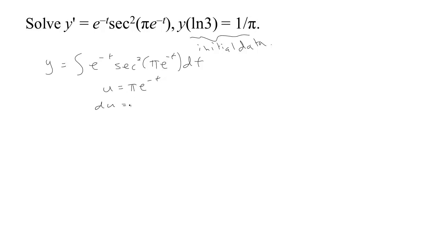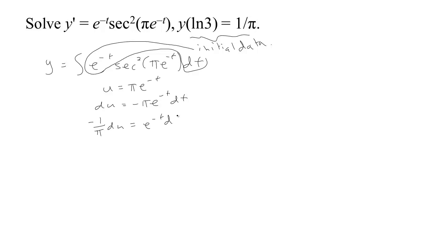If you do that, du is going to be negative pi e to the negative t dt. And because you can multiply in any order, we do have an e to the negative t dt already in the problem. So basically, negative 1 over pi du is equal to e to the negative t dt.